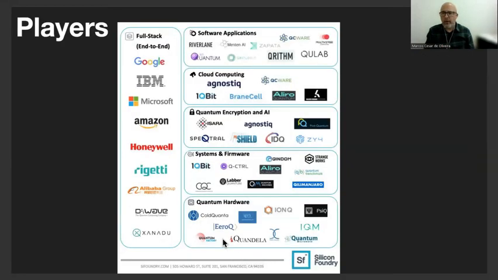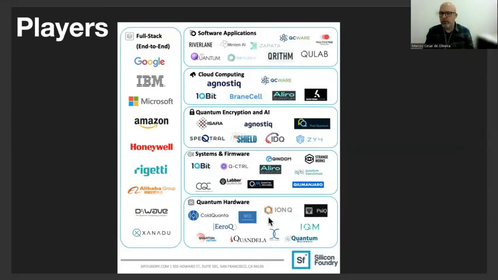So there are quite a few players that appeared after the involvement of those big companies. We have here Microsoft, IBM, and Google, as I mentioned before, but we also have many other companies or startups that appeared due to this involvement. Some of them are related to software applications, cloud computing, systems and firmware, quantum hardware, and many others.